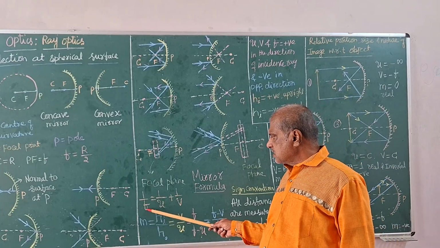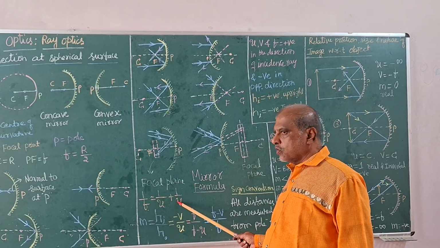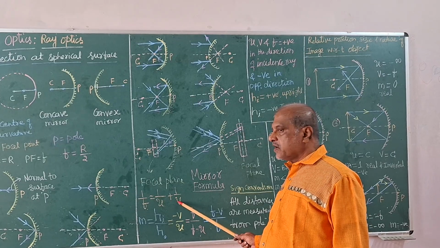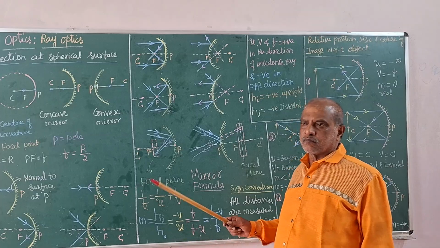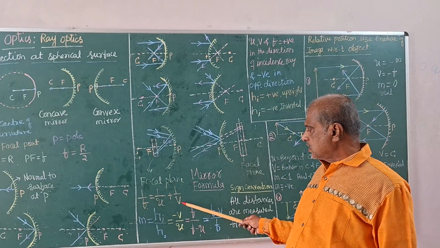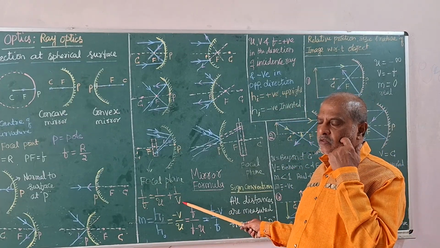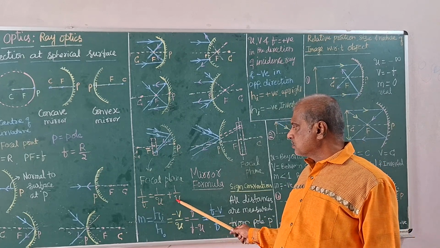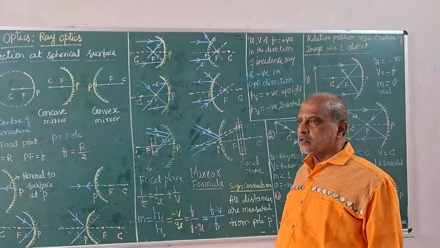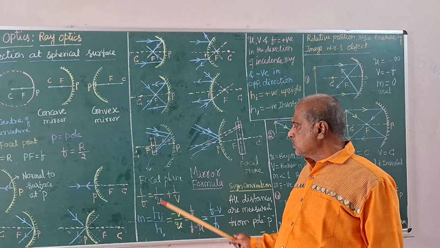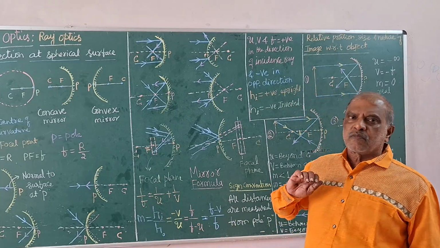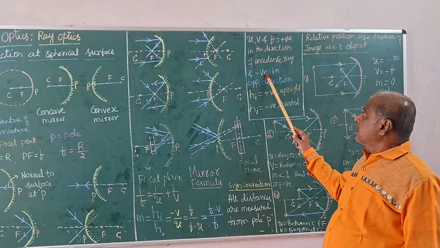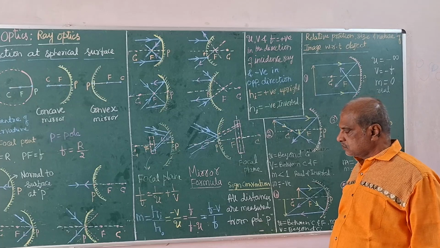These distances, which we measure from the pole, if you measure them in the direction of the incident ray, they will take positive values, and they will take negative values if you measure them in the opposite direction.